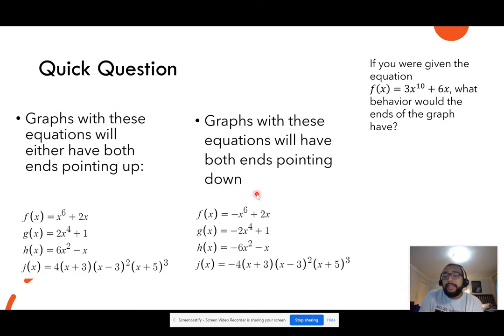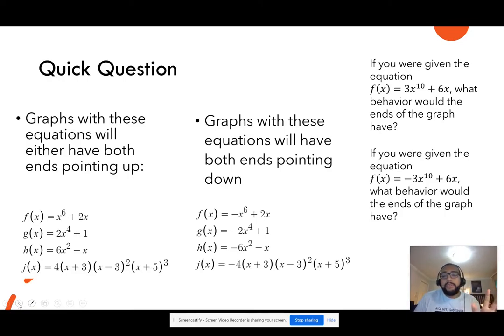So if I gave you 3x to the 10th plus 6x, the behavior of this graph would have both ends pointing up. As opposed to negative 3x to the 10th plus 6x, where the degree is even and the leading coefficient is negative, so they're pointing down.